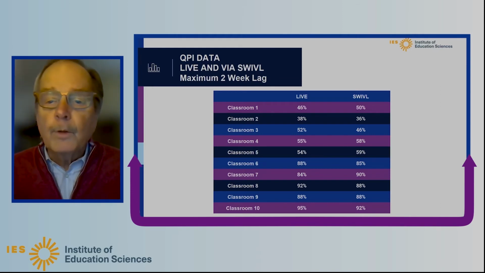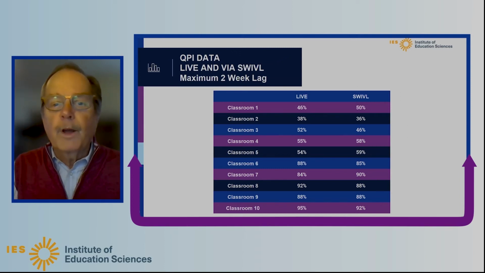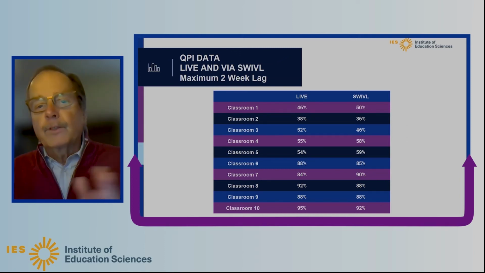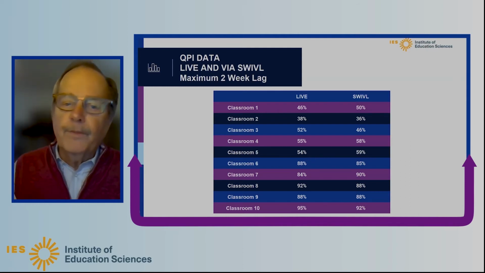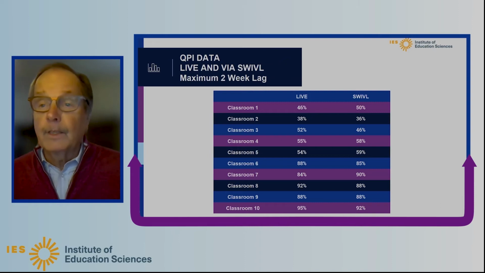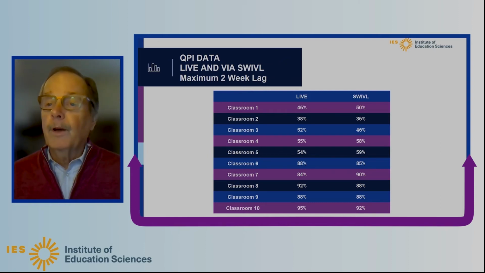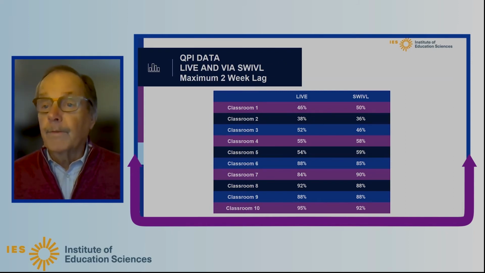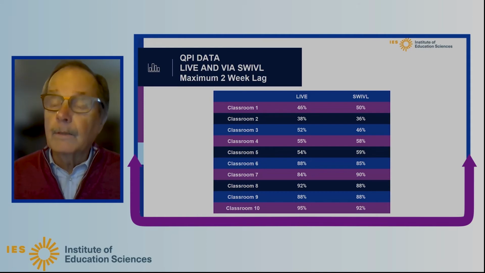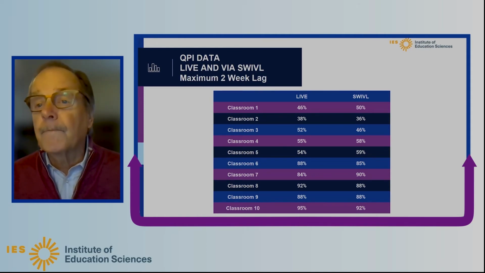And so you'll see a range across classrooms 1 and 5, from live to Swivel-based recordings that range from the mid-30s to the high 50s, about what you would expect based upon our prior data doing this work with now over 150 classroom settings throughout the US.